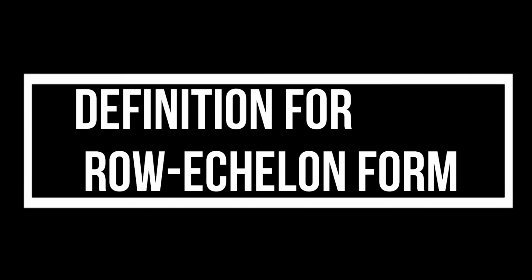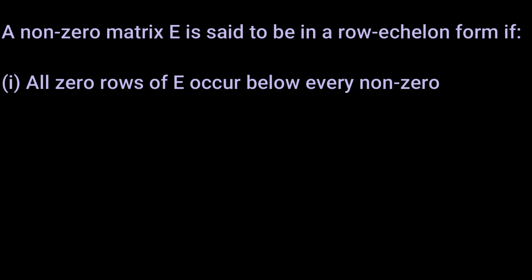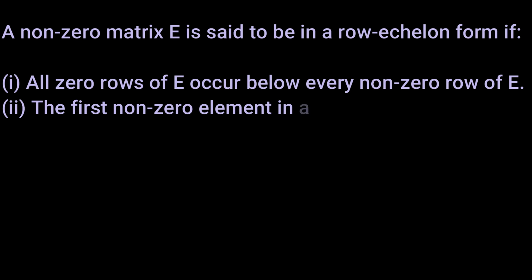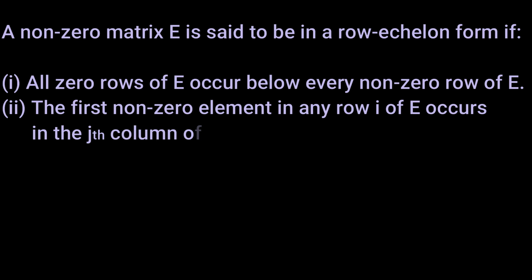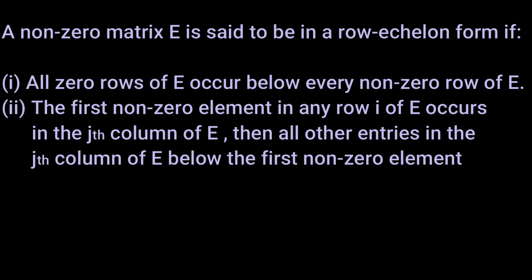Definition for row echelon form: a non-zero matrix E is said to be in a row echelon form if, first, all zero rows of E occur below every non-zero row of E. Second, the first non-zero element in any row i of E occurs in the jth column of E. Then all other entries in the jth column of E below the first non-zero element of row i are zeros.